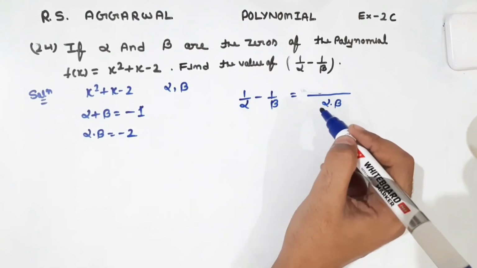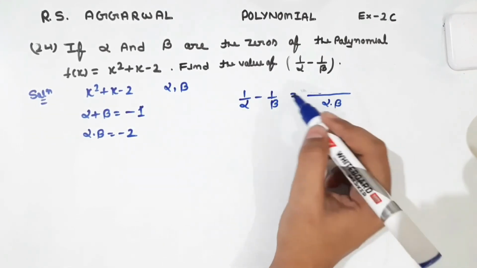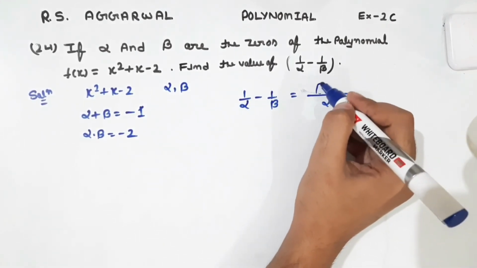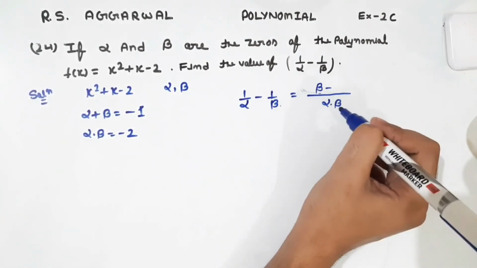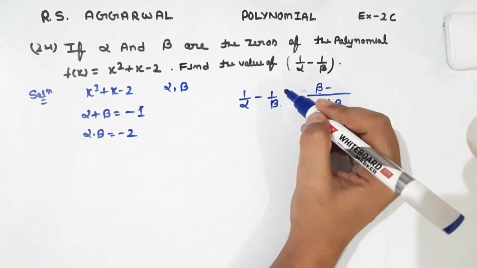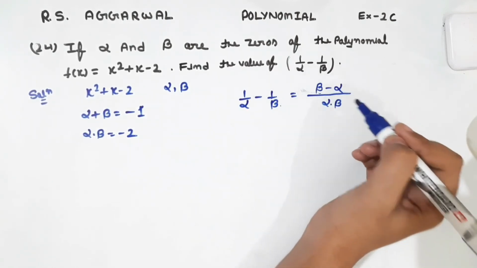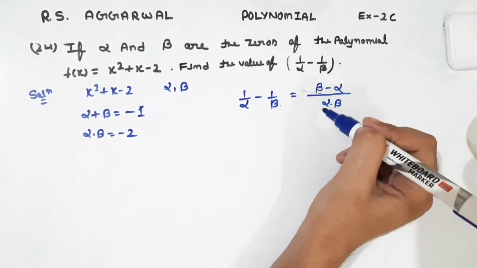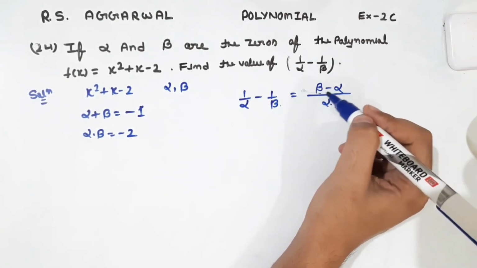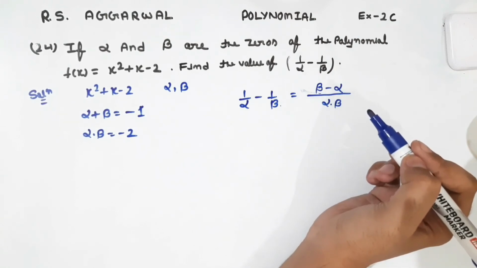Alpha will be cancelled out from alpha, beta will be multiplied to 1. So beta minus, beta will be cancelled out from beta, so alpha will be multiplied to 1, minus alpha. So here we need the value of beta minus alpha, and we already have alpha into beta. So firstly we will find beta minus alpha.